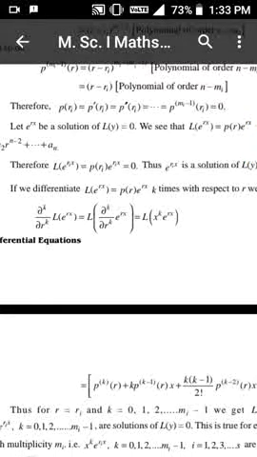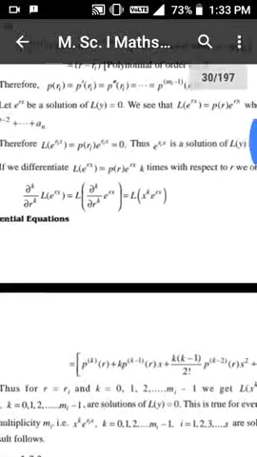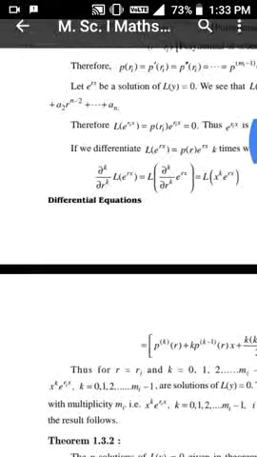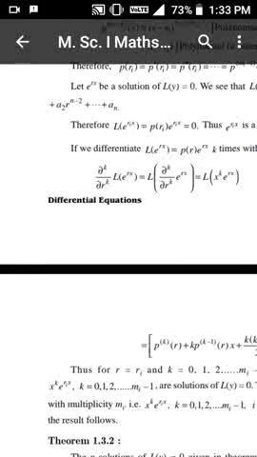Let e raised to Rx be a solution of L of y is equal to 0. We see that L of e raised to Rx is equal to P of R e raised to Rx, where P of R is equal to R raised to n plus a1 R raised to n minus 1 plus a2 R raised to n minus 2 plus dot dot plus an.